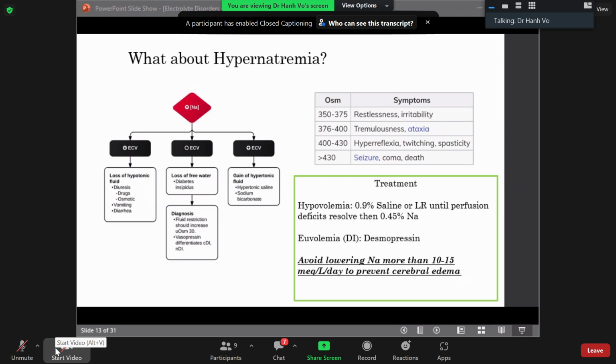The symptoms depend on the value of serum sodium and whether it's acute or chronic hypernatremia. Acute hypernatremia causes a neurological syndrome that ranges from lethargy, weakness, altered mental status, and irritability to severe syndromes like seizure or coma, even death.